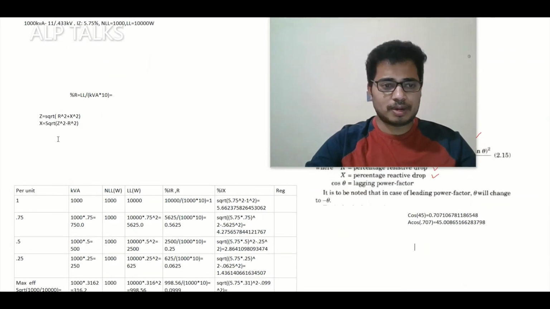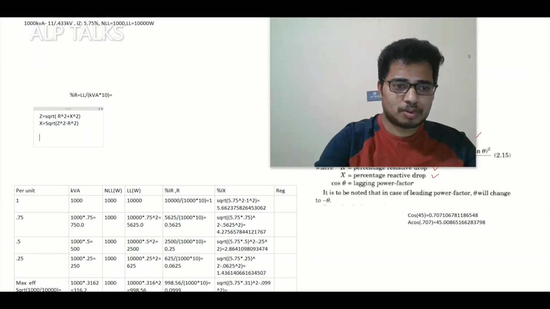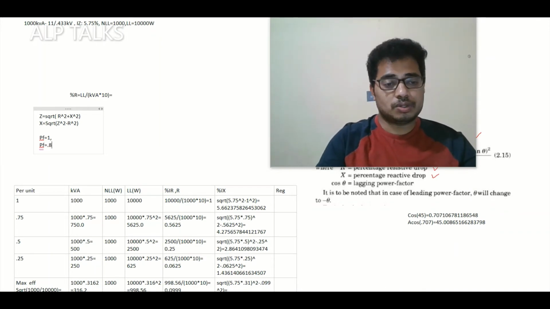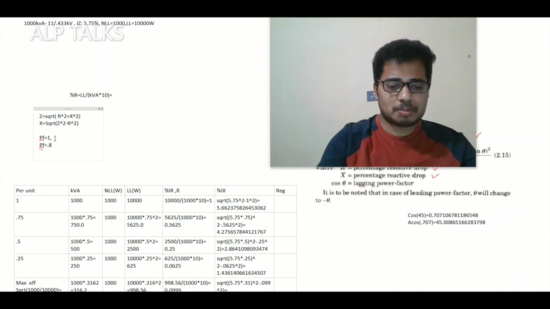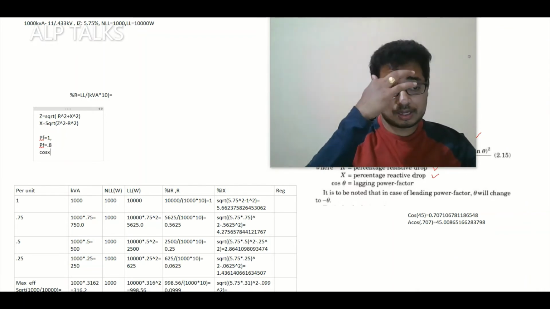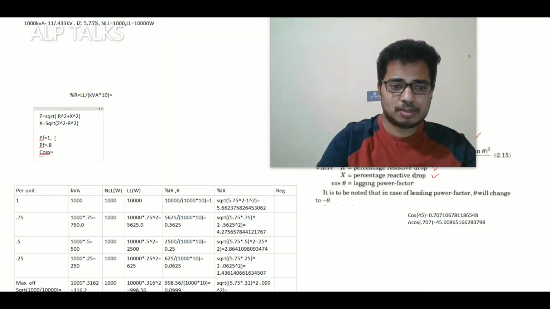One more thing we want to discuss is the power factor: power factor unity, and similarly power factor 0.8 also. For power factor 0.8, cos theta is 0.8. Then what is the theta value?